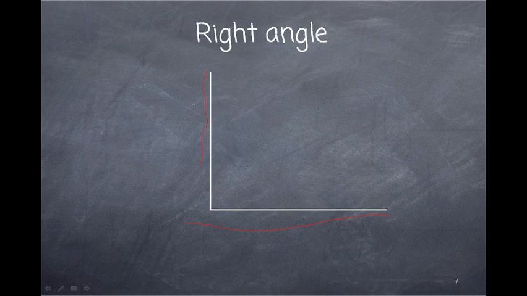If two lines meet in this way, and if you fit a perfect square at the meeting point, then that is the right angle.